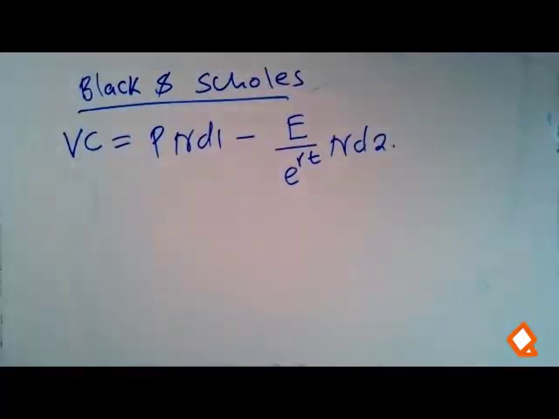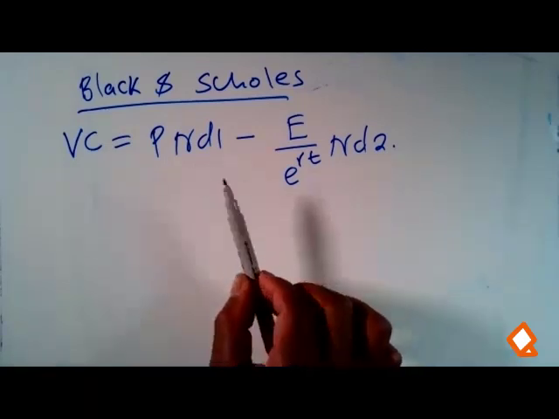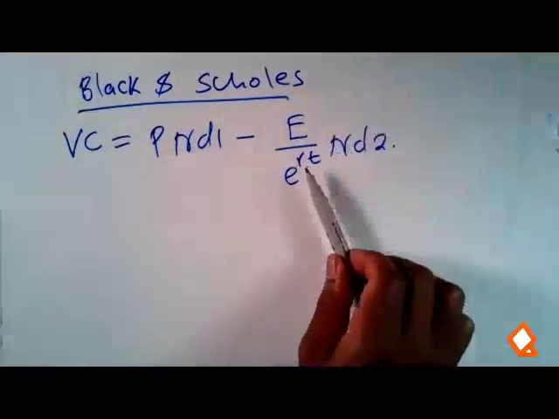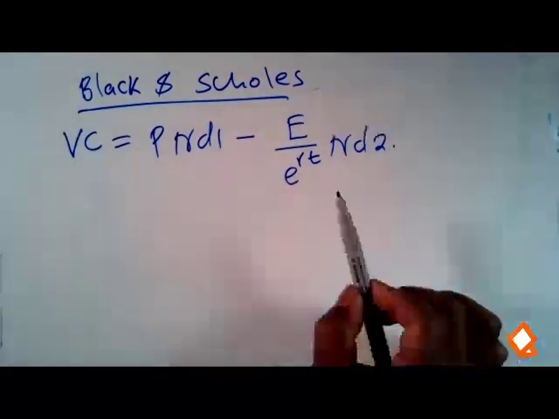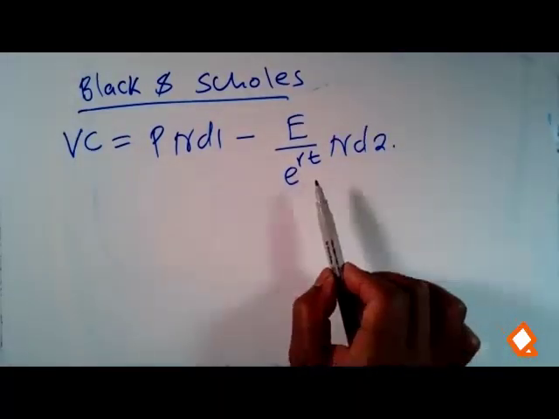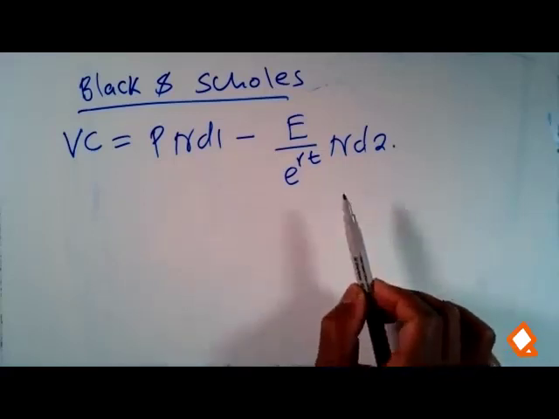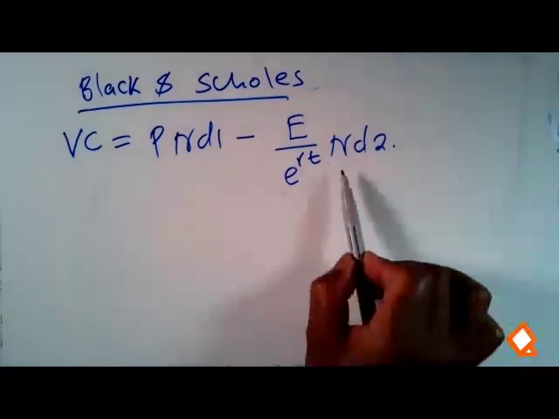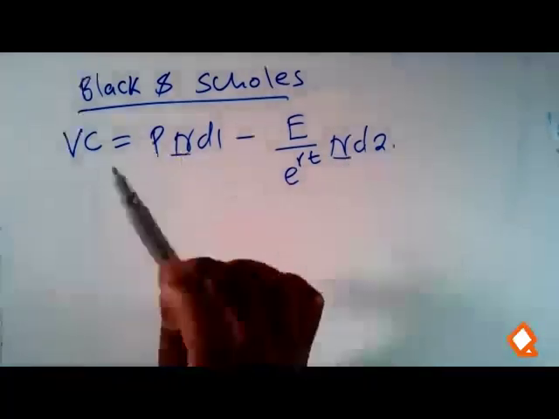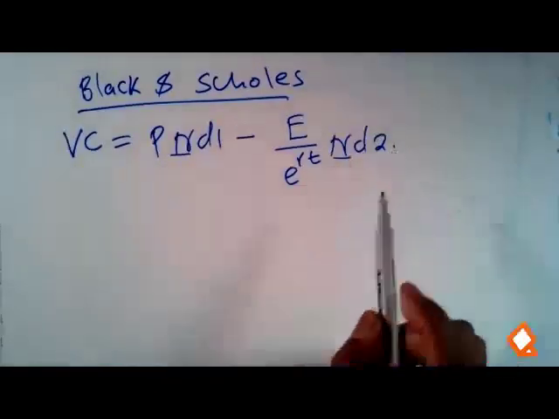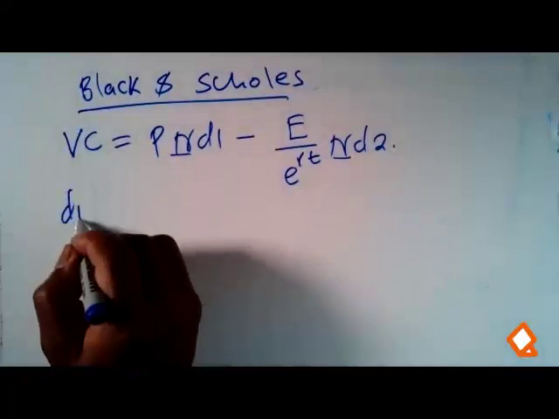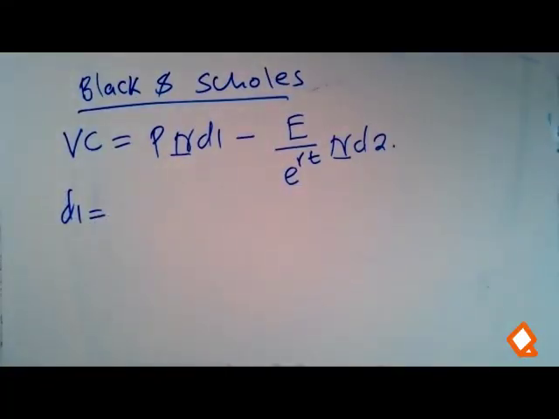So that's the formula for the value of the call option: P times N(d1), minus the exercise price divided by e raised to the power RT, multiplied by N(d2). Again, N means the normal distribution. I'll show you how to use the table and how to get that. Then we have d1 and d2. How do we get d1? We have said that Black-Scholes has a series of formulas.